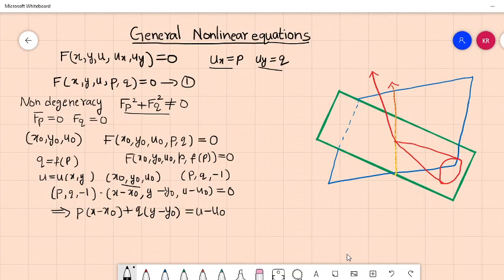So we have the equation p into x minus x naught plus q into y minus y naught equal to u minus u naught. So this represents the equation of a tangent plane.